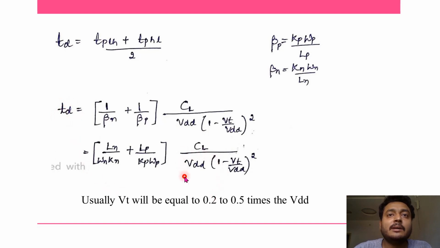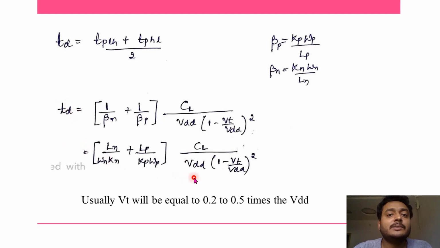And there is a parameter here, VDD, the supply voltage. It may be 5 volt, 1.8 volt, something like that. If we analyze the relation here, VDD is in the denominator. So if we increase VDD, delay will come down.